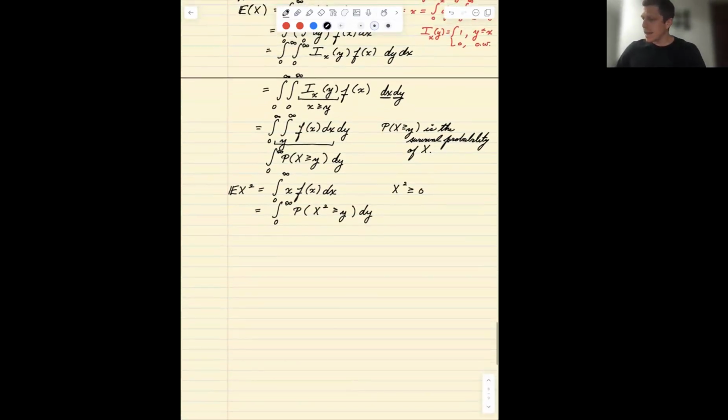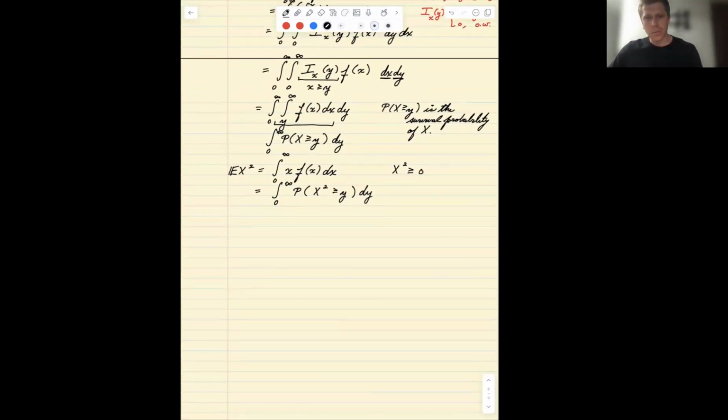Whatever we do to one side, we do to the other. So x squared is bigger than y as long as x is bigger than or equal to the square root of y.